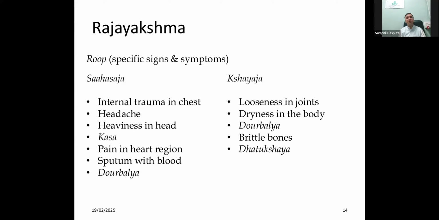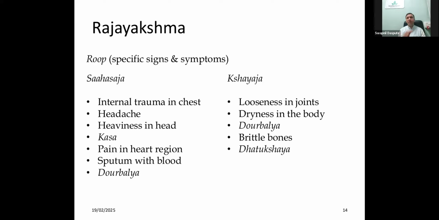So here the heart and lungs both get affected due to ati sahasa. Headache, heaviness in the head, kasa, pain in the heart region, sputum with blood, daurbalya.